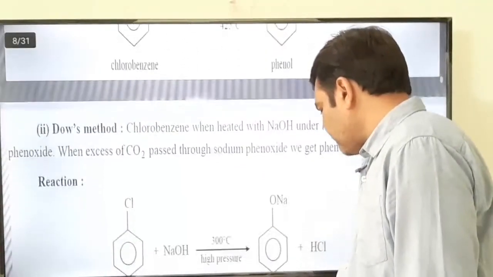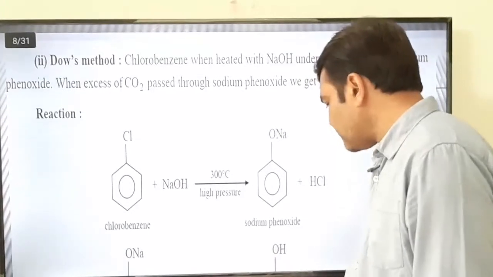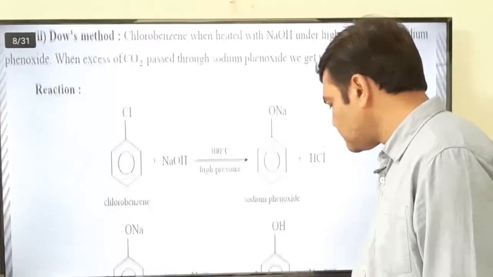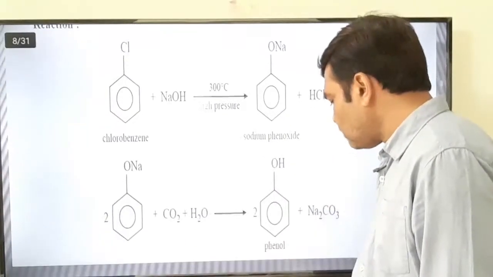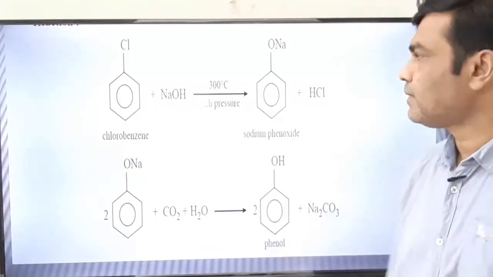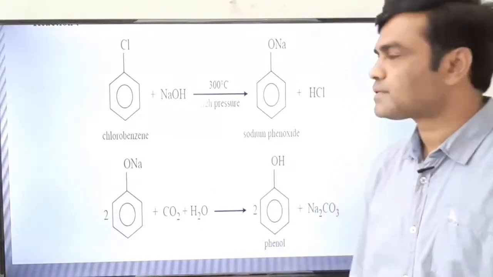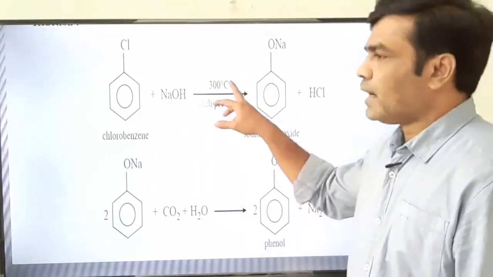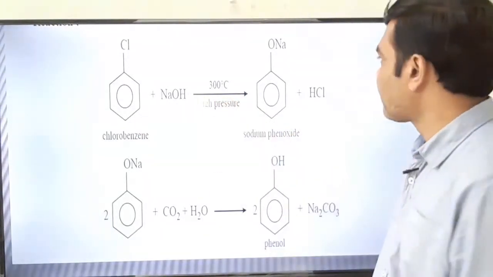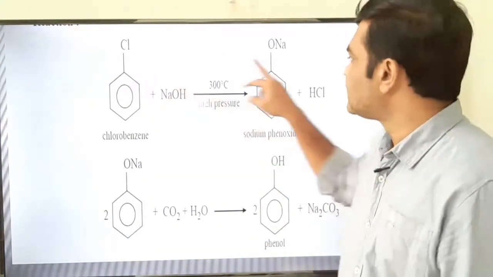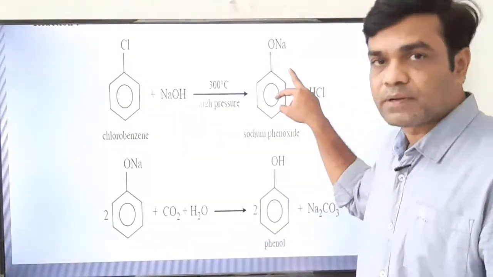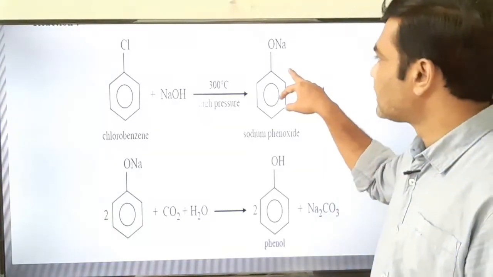Then from chlorobenzene we can also prepare phenol by the Dow process. It is also a well-known process for the preparation of phenol, where chlorobenzene is first treated with sodium hydroxide at particular temperature and pressure. Here first we get the sodium salt of phenol, that is sodium phenoxide.